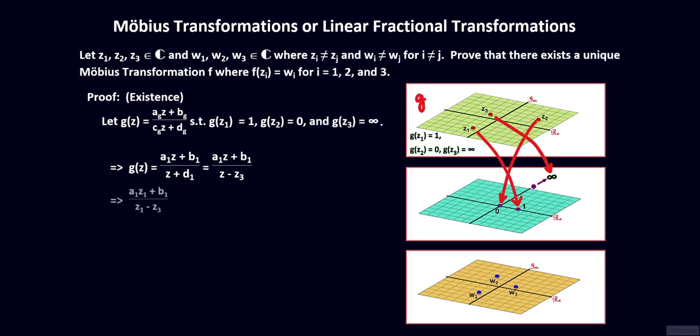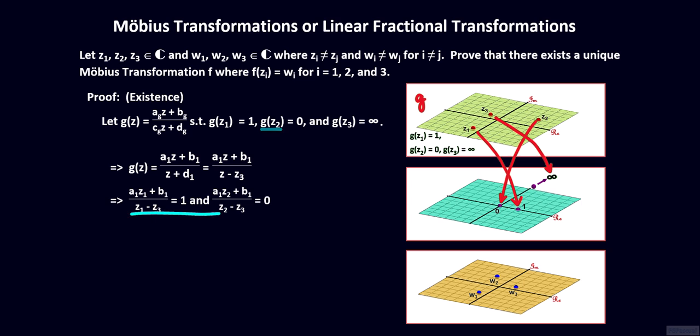And so (a1 z1 + b1) divided by (z1 - z3), which is g(z1), should equal 1. And (a1 z2 + b1) divided by (z2 - z3), which is g(z2), should equal 0.